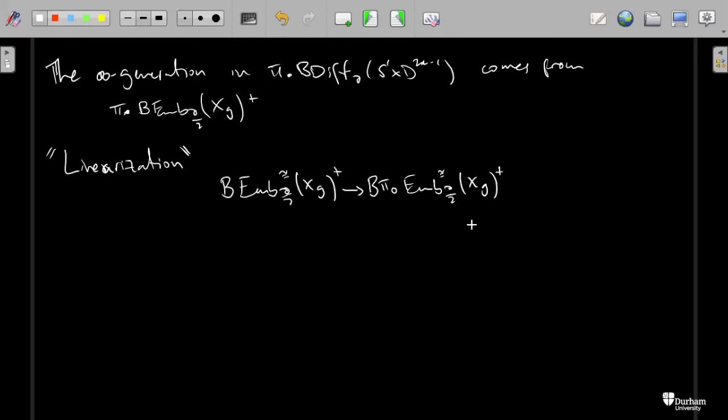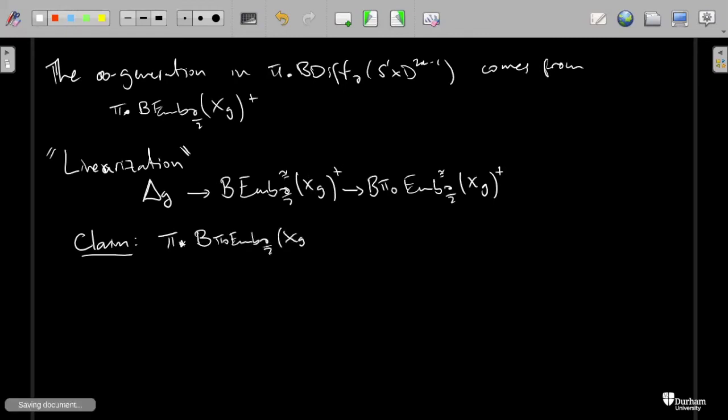So I plus construct this, and the fiber of this plus construction I'm going to give a name, which is delta G. And here's the first claim about this: the homotopy groups of the base, plus constructed, are finitely generated.